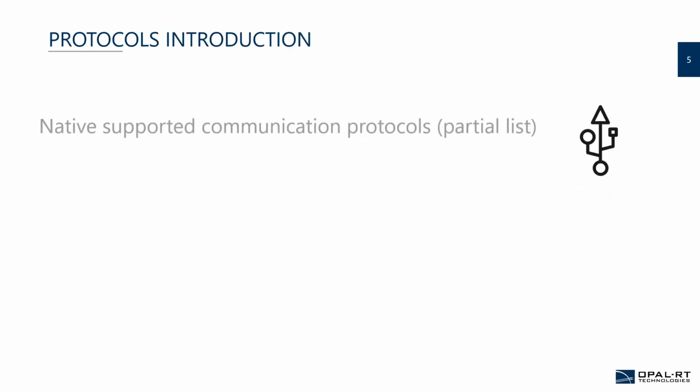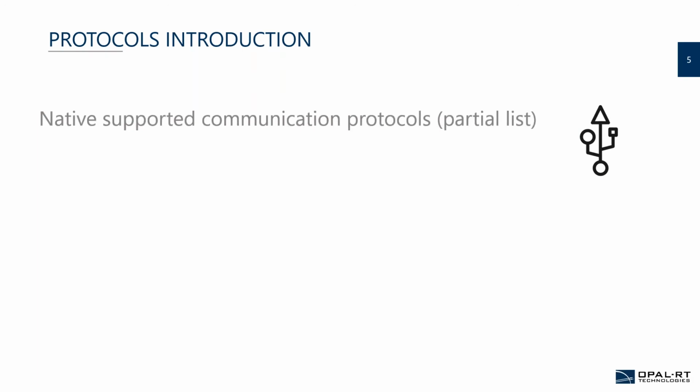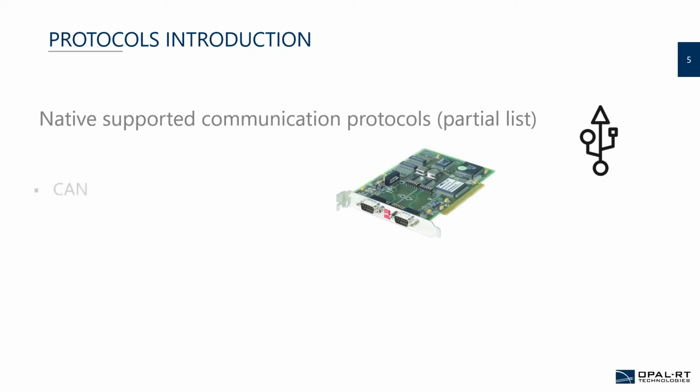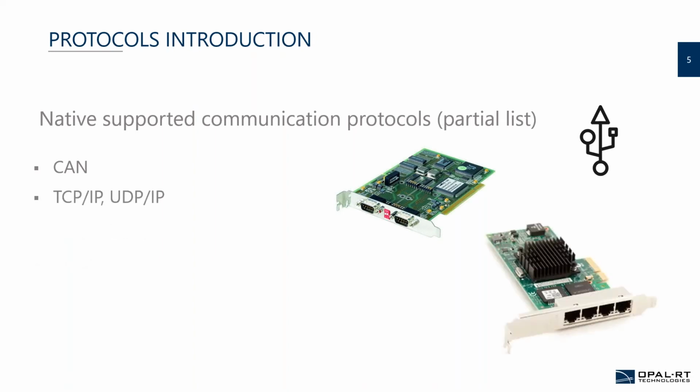So if we look at the natively supported communication protocols at OPAL-RT, we have many offers, actually more than the list I will show you. But for the aerospace, what we usually see is CAN communication. We have a card and all the protocols natively in the software called RTLab. We support for sure TCP/IP, UDP, all those kinds of protocols.